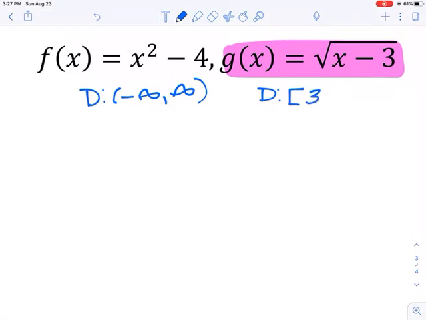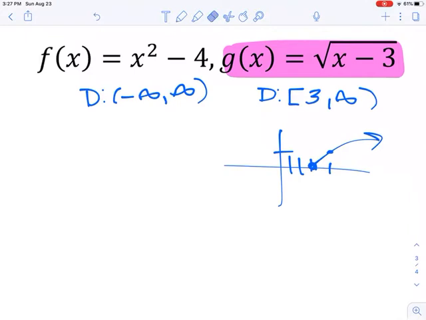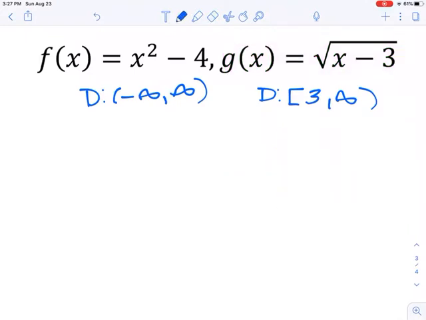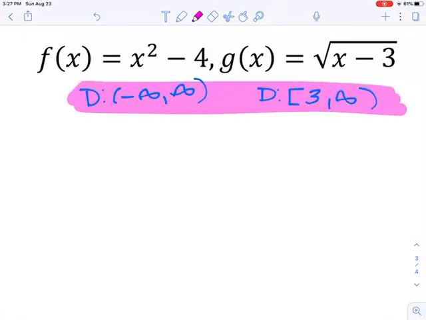Now, when we think about g of x, we have a square root shifted to the right 3, which means its domain is going to be 3 to infinity. Our graph looks like this, and this is what you're thinking about visually in your head. Okay, so our domain is 3 to infinity.